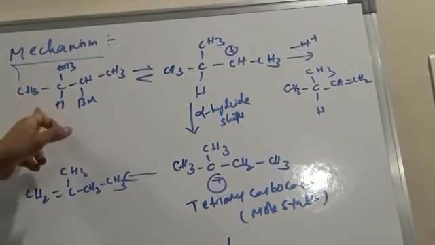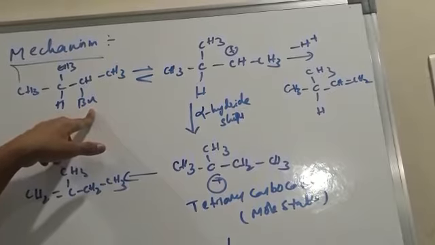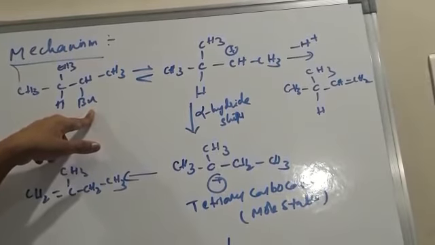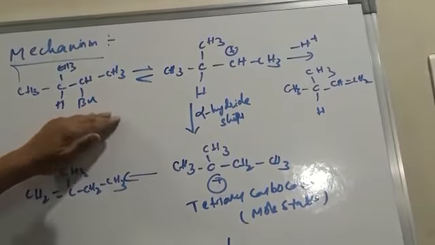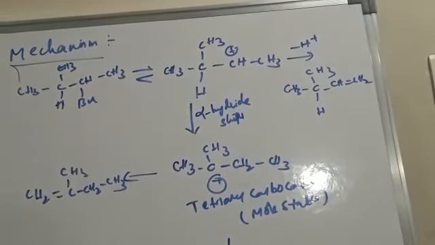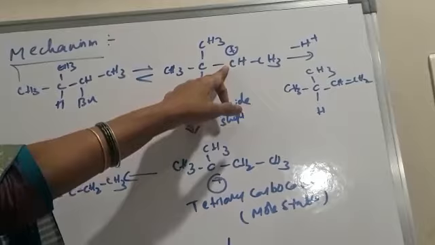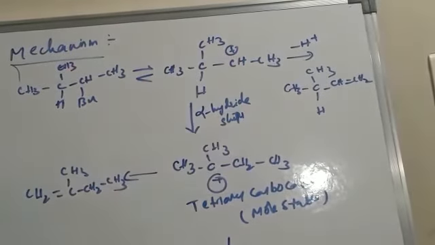Here coming to the mechanism. So this is the secondary alkyl halide, 2-bromo-3-methyl-butane. Okay. So here first it loses halide ion. So with the loss of halide ion we get a carbocation here. This is the carbocation.